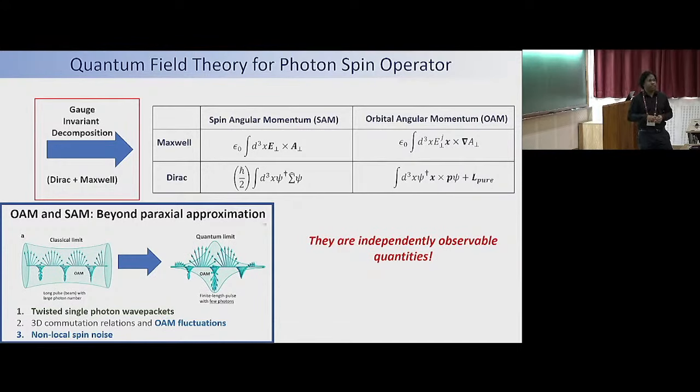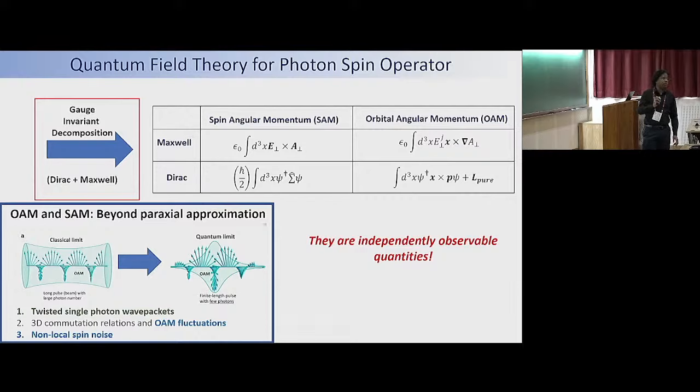One more question. In the non-paraxial regime, beyond the paraxial approximation, there is a spin-orbit interaction. In that case, do the commutation relations hold? The commutation relationships hold, and they hold for these quantities.